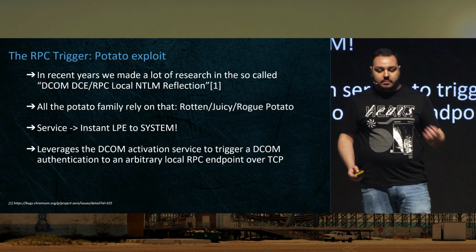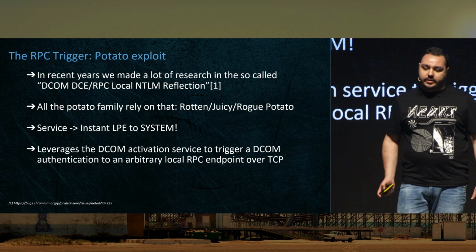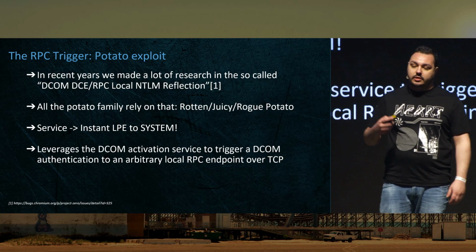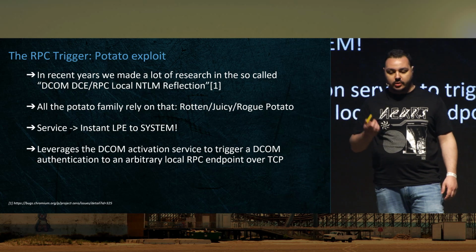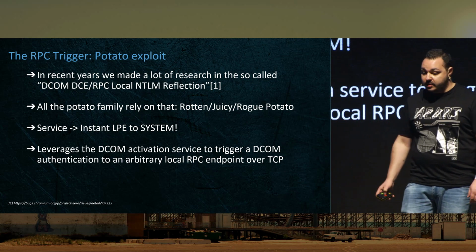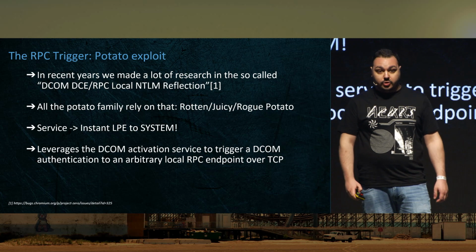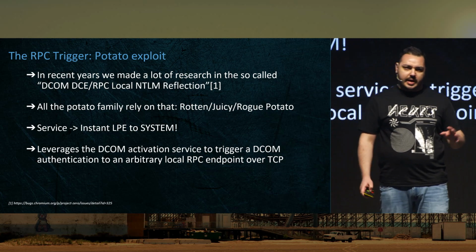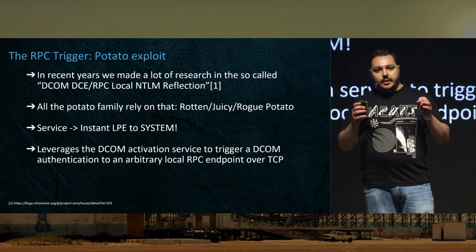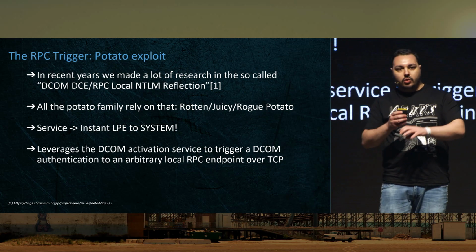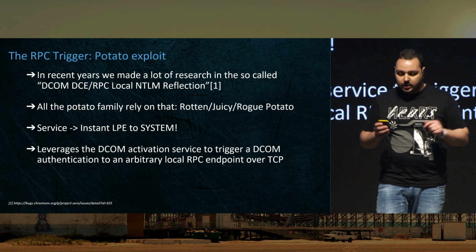In recent years, me and Andrea and other researchers did a lot of research on the so-called DCOM, DCE RPC local NTLM reflection. This is an issue that was reported by James Forshaw quite some time ago, I think in 2015. And this is the key component of all the potato exploits.